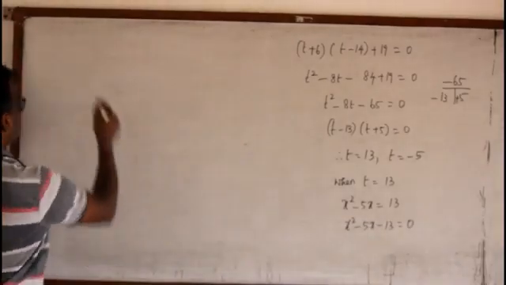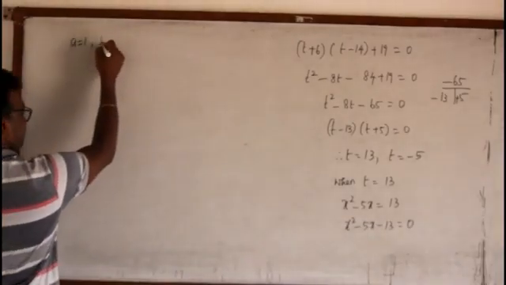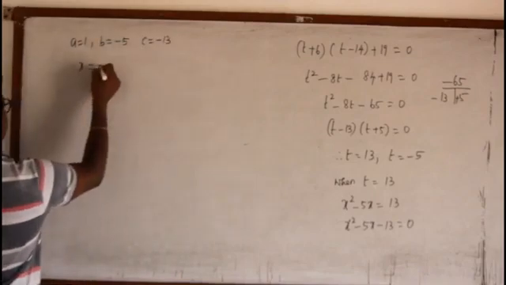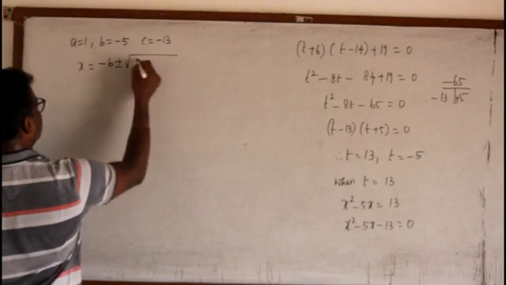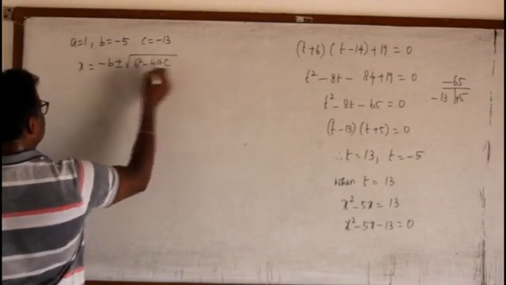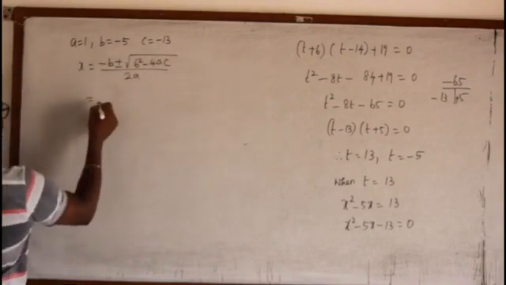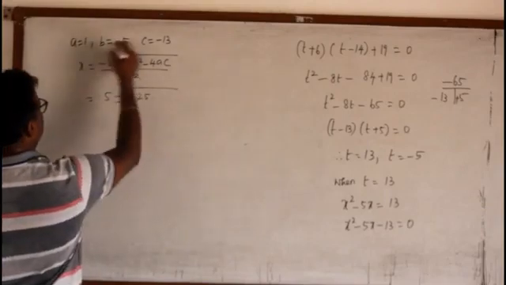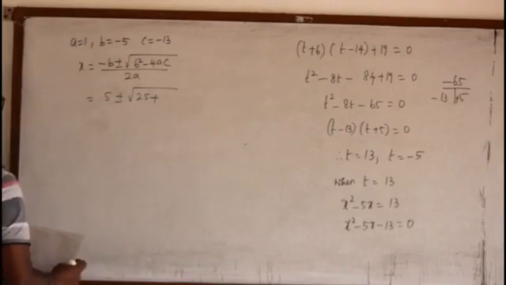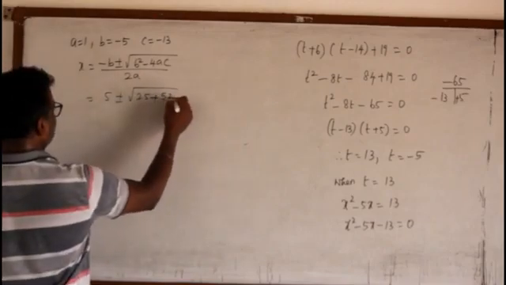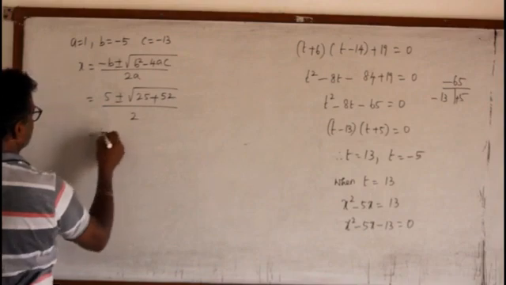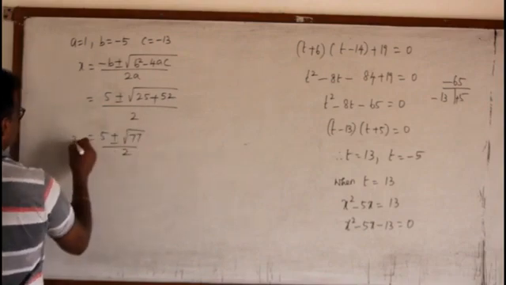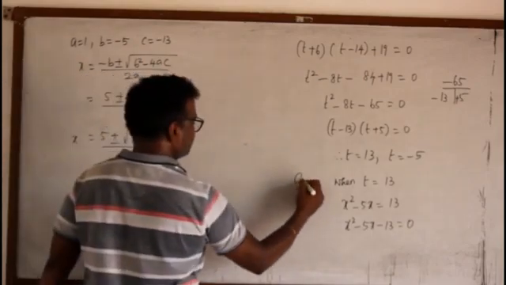So a equal to 1, b equal to minus 5, c equal to minus 13. So x equal to minus b plus or minus root of b square minus 4ac, by 2a. It is 5 plus or minus root of 25 plus 4 times 13, which is 52, by 2. So 5 plus or minus root 77 by 2. That is case 1.